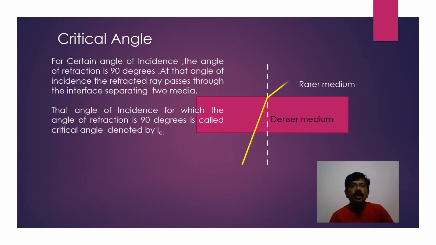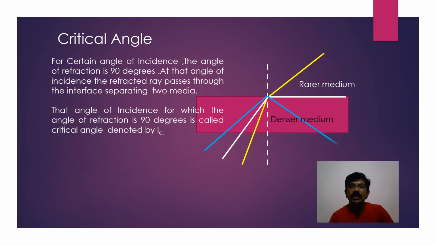Children, you observe this animation. Light rays are traveling from denser to rarer medium. At a particular instant, when the light rays are traveling from denser to rarer medium, the refracted ray glances over the interface.